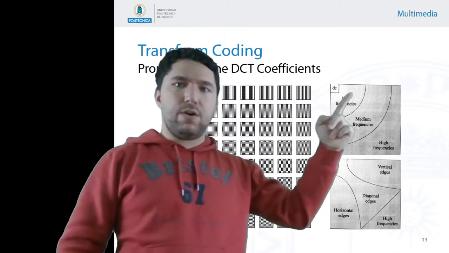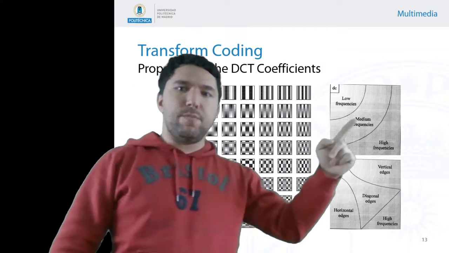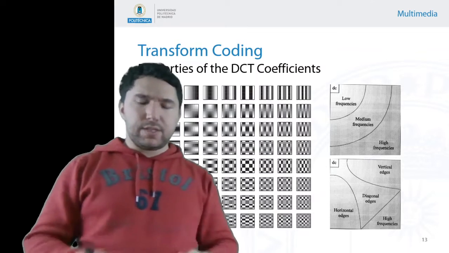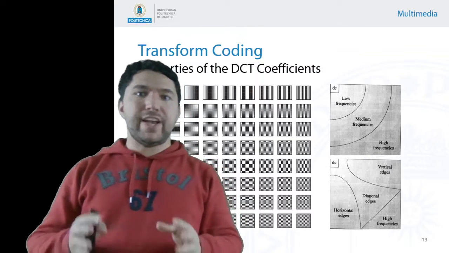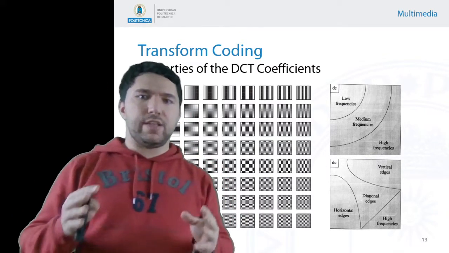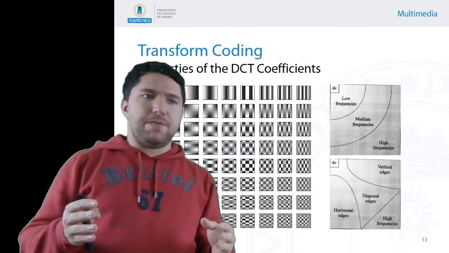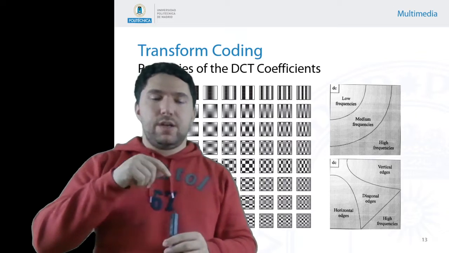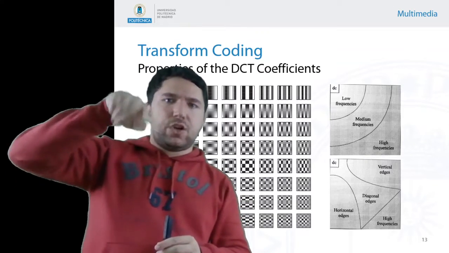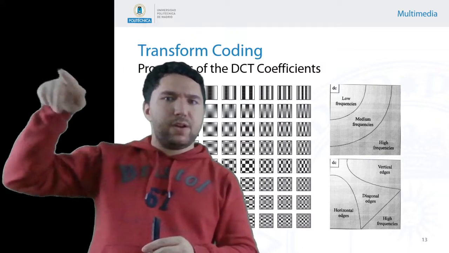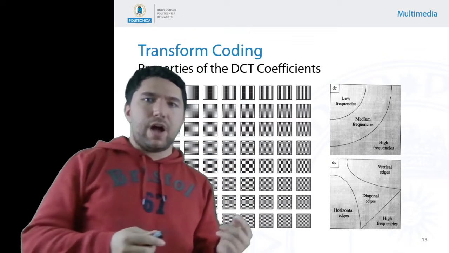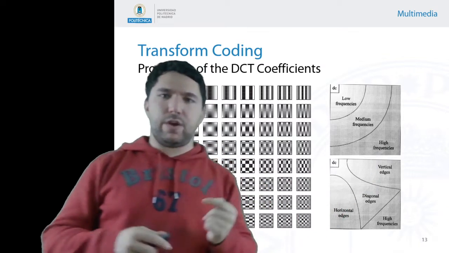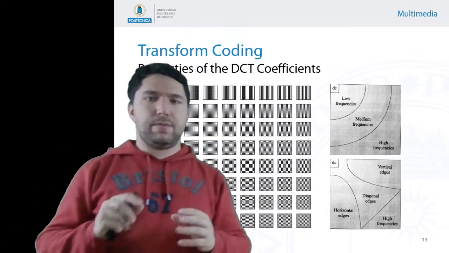So here I have low frequencies, medium frequencies, and high frequencies. Frequencies in the sense of edges, as I said. It means that, for instance, if I have a texture which is all the time very sharp, or an edge, I will have a lot of coefficients in this part, and high coefficients in this part.